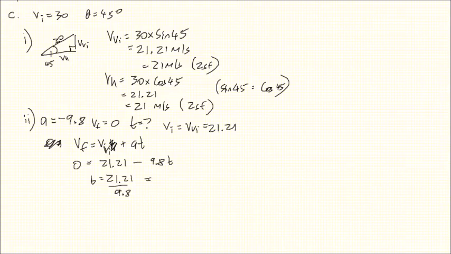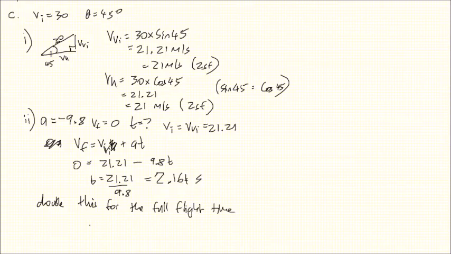So Vf equals Vi plus at, we substitute in, we rearrange, we solve, we find that it takes 2.161 seconds to reach the apex. We double that to 4.32 approximately, and that gives us 4.3 seconds as our value rounded to 2 significant figures.